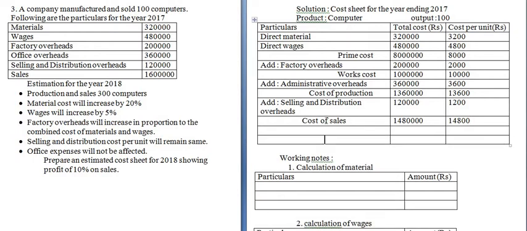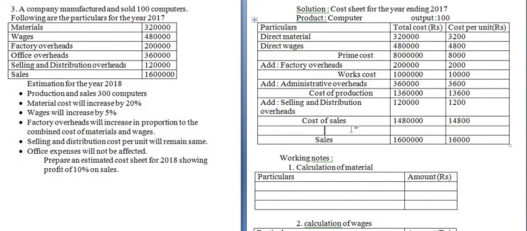Now in the problem they have given us the sales, right? Sales, how much they have given? 16 lakhs. Now 16 lakhs divided by 100, so that will be 16,000, right?